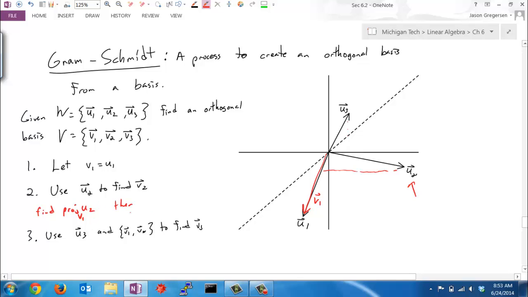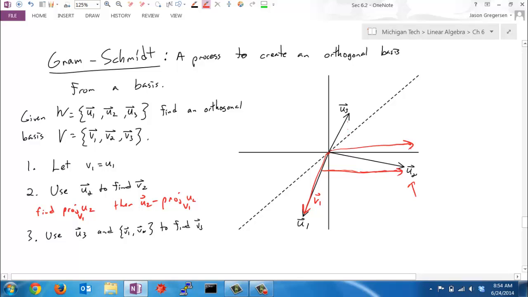And then I'm going to take u2 minus that thing, the projection of u2 onto v1. And that should give me this vector. Now I draw it there as a displacement vector, but of course when I write it, it starts at the origin when I'm thinking about it as a space, so I'm basically finding this vector. Okay? So now I have two vectors that are orthogonal.